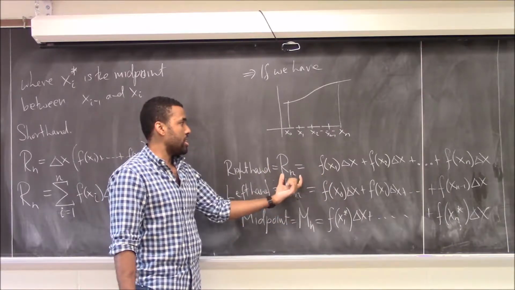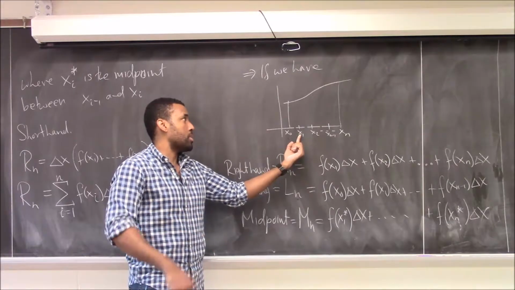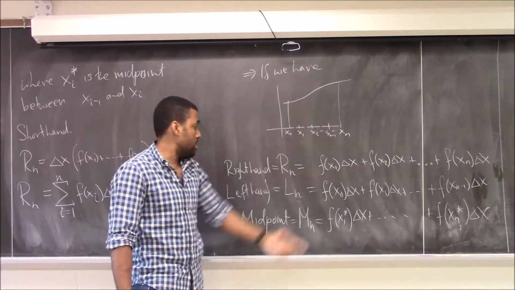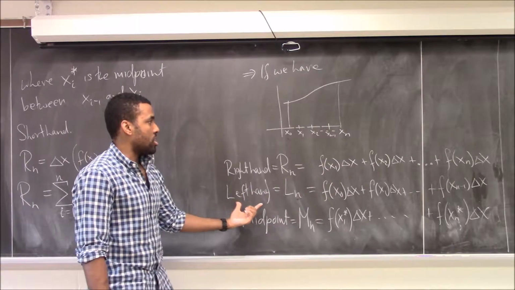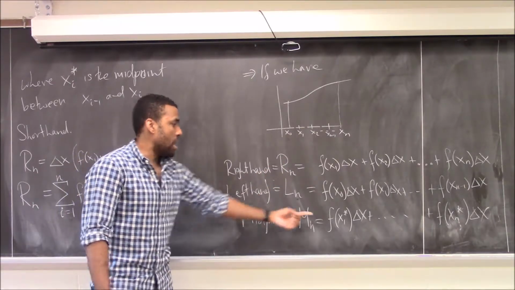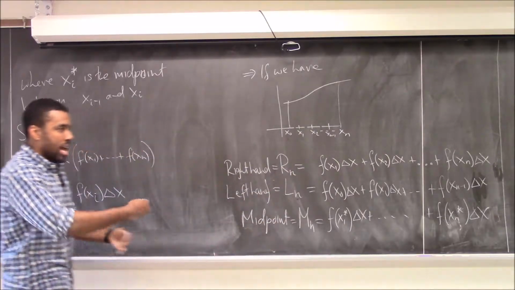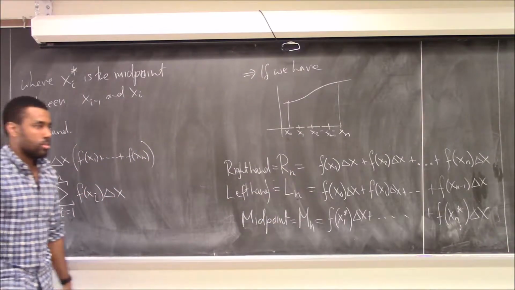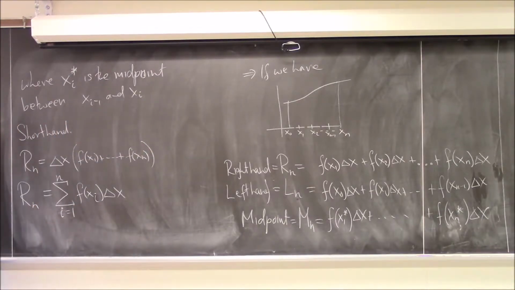If you're using the right-hand endpoints, the height is given by the y values corresponding to the x values on the right side. Here, the heights are given by the y values corresponding to the x's on the left side of every interval, and the midpoint is the y values corresponding to the x values in the middle of every interval. You add these all up, you get the approximation for the area under the curve, and this is just a shorthand of writing all that.